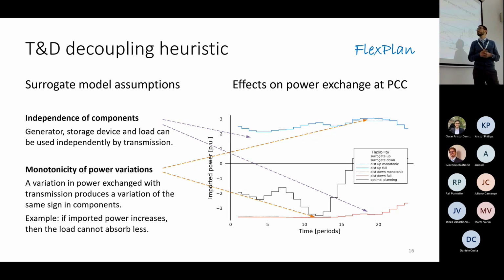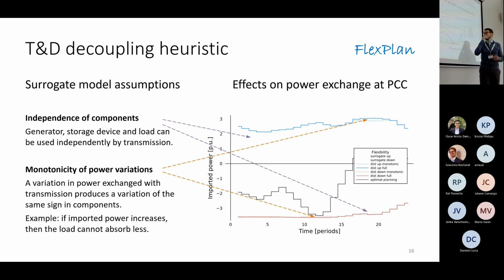So we have to assure that if a transmission system operator decides to use each of them at maximum power, the resulting power will still be feasible. This has as an effect that the maximum allowed power by the surrogate model in some time step is less than the real one.